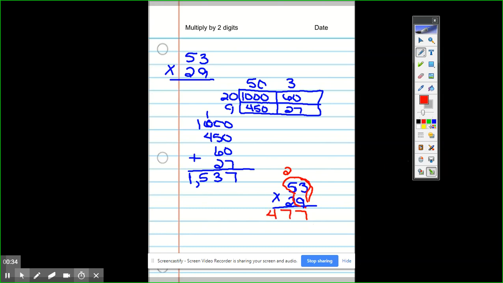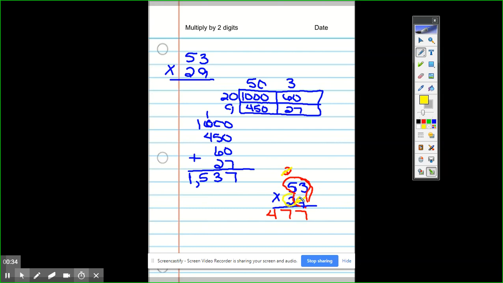Now I've got to go ahead and multiply this 20 by everything on the top row. So what I'm going to do is mark out, let me change colors here, this 9 because I'm done with it, and mark out that 2. That way it's not being confused with everything I've already done.